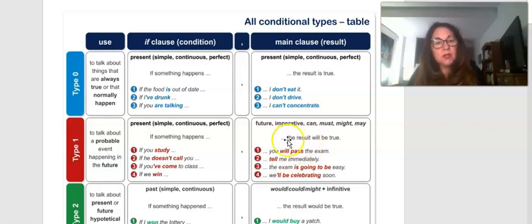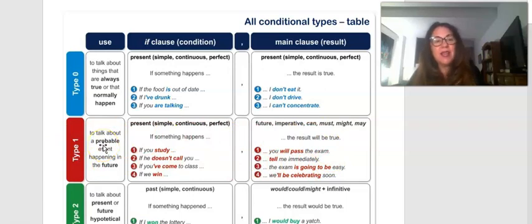And of course, instead of the will, you can also have the modals can, must, might, or may. Remember that modals in general are either present or future. I can go now and I can go tomorrow is the same. The modals are for both present and future, the simple modal like this. So this is a revision of type 1 conditional sentences.